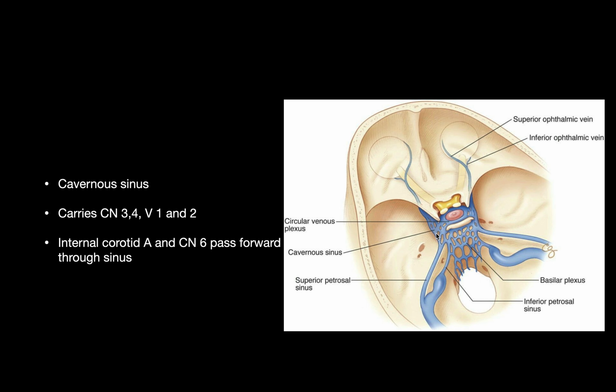And that is pretty terrible because the cavernous sinus carries the nerves, cranial nerves 3, 4, 5, the divisions 1 and 2, and the internal carotid artery, and cranial nerve 6 passes forward through that sinus as well. So if there's a clot there, it's going to be bad news.